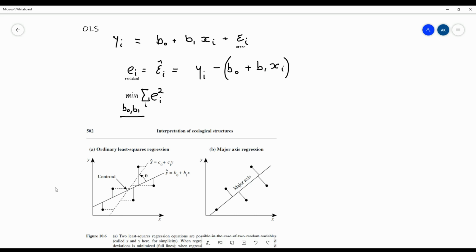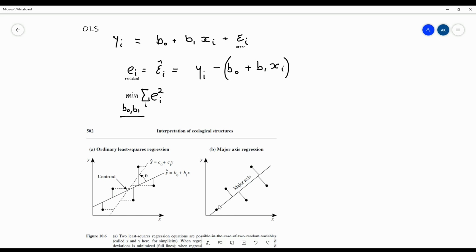Now, before we go into the detail of what I'm going to talk about today, I'll just say that there is a different quantity yet to minimize. Imagine there was this line, and we'll call it the major axis line. It will be principal component number 1.